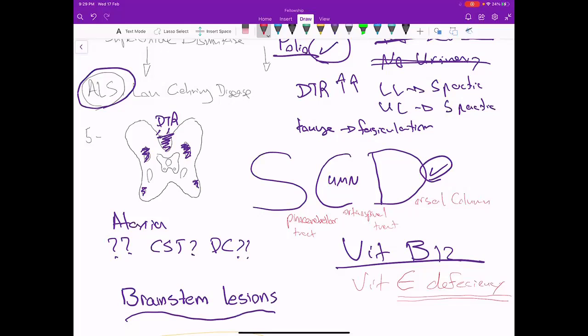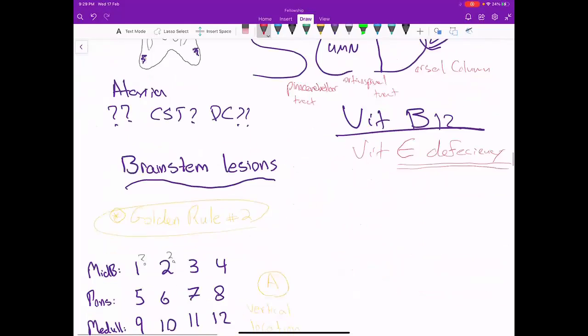If you're dealing with a brainstem lesion and you don't know what's happening, if it's right or left, look at the corticospinal tract. The lesion in the brainstem will be opposite to where you have weakness in the body. Is that clear? Before I even begin anything. Yeah, clear. Okay.